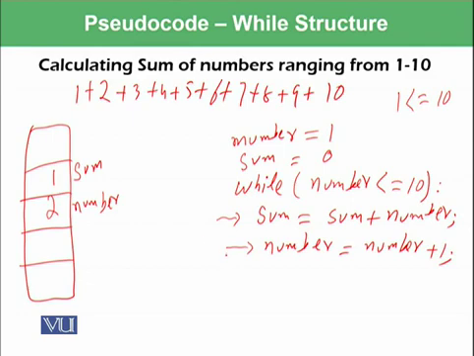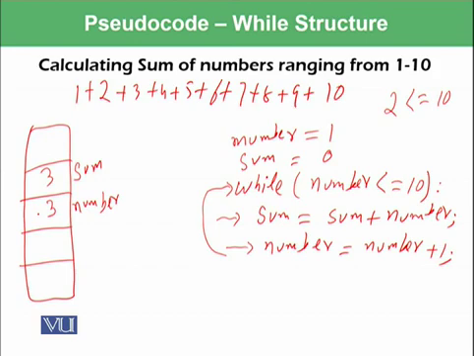Next time it will move again over here, and number is less than or equal to 10, number is 2. 2 is less than or equal to 10, so the condition is true. So it comes here, 1 plus 2 is 3, so it stores 3 here, and then increments the number to 3.